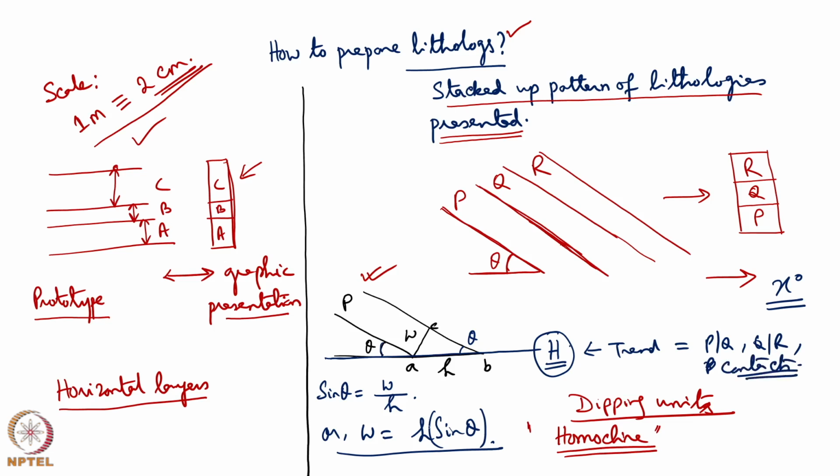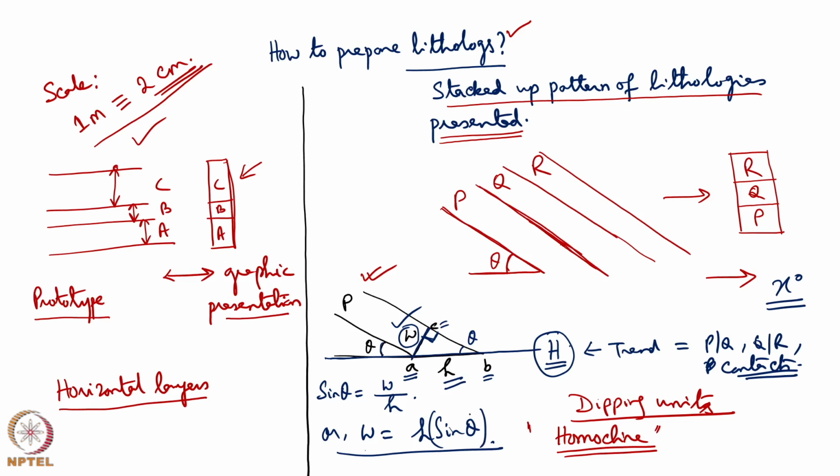Now, if omega is the orthogonal thickness of layer P, I write here small a, small b and small c, and a right angle triangle is considered. Since omega is orthogonal thickness, this angle has to be 90 degree. So, within triangle ABC I can write sin theta is equal to omega divided by h, the horizontal thickness. So, from here I can say omega equals h sin theta.